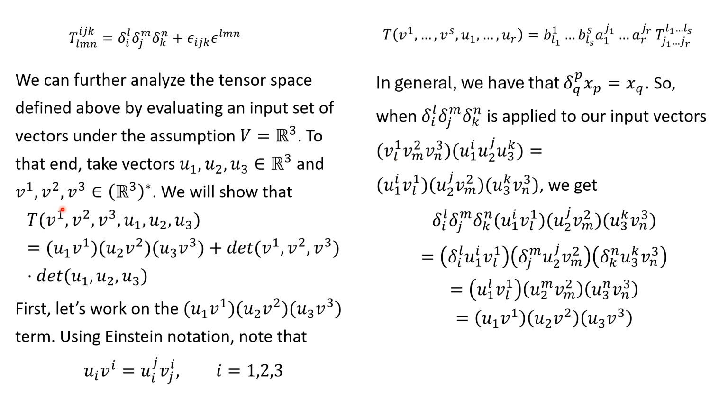Remember, each one of these has 3 components because they're in R3 or the dual, so that's what the L is. And then V2 is the second vector, and the M stands for the different components. Again, we're just following this formula here, but we have something simpler. We just have 6 vectors to deal with.